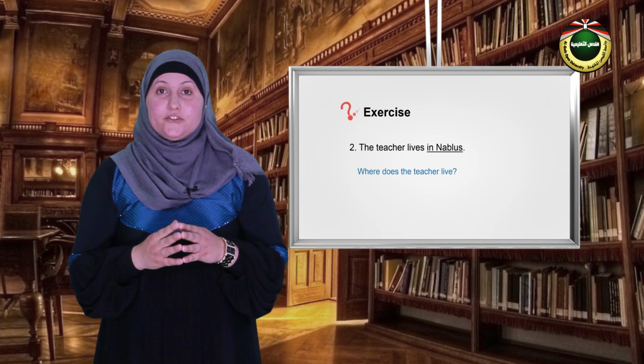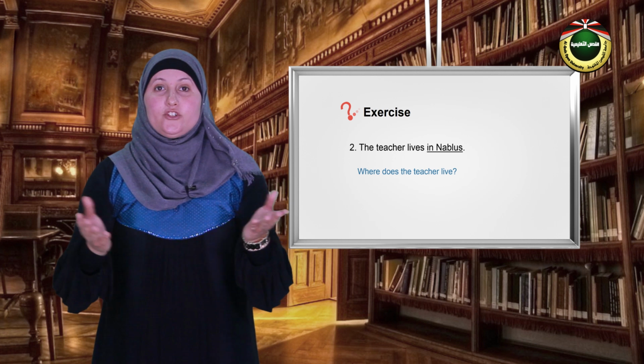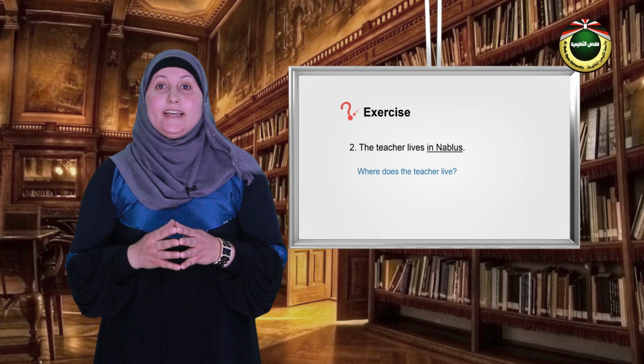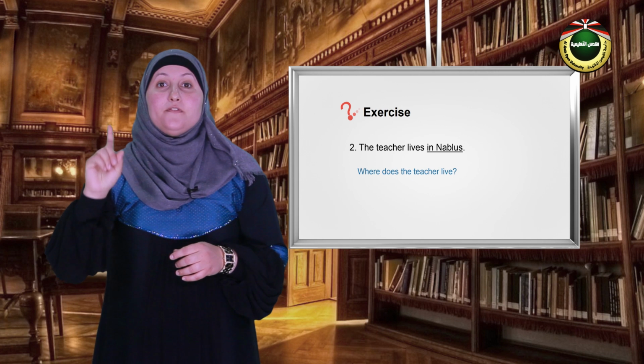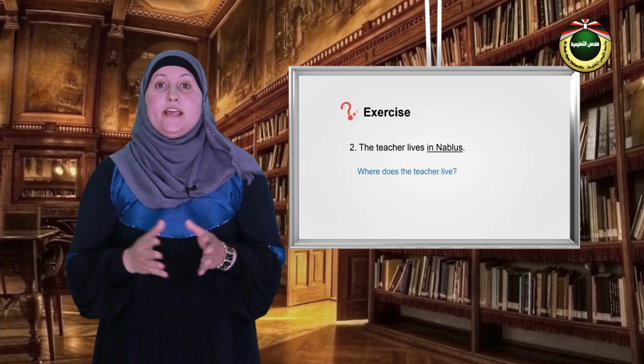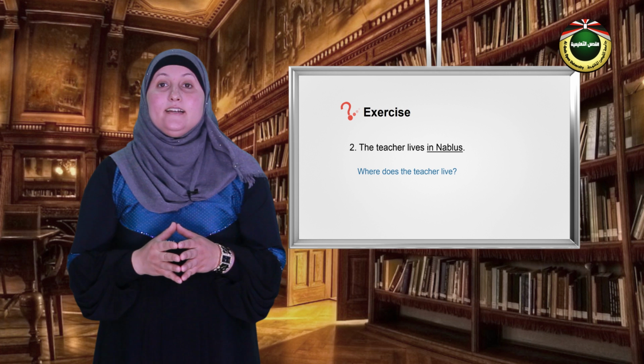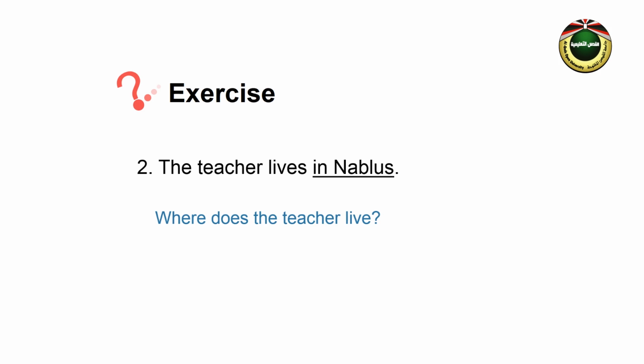The subject here is the teacher, and there is only one main verb, which is in the present simple, lives. So, we need to derive does plus the subject plus the infinitive form of lives, which is live.